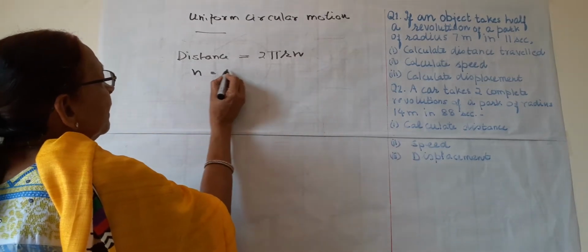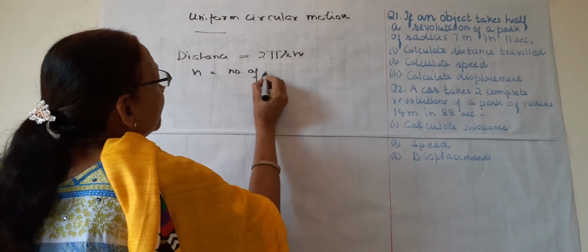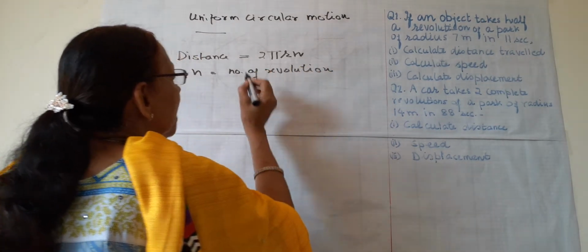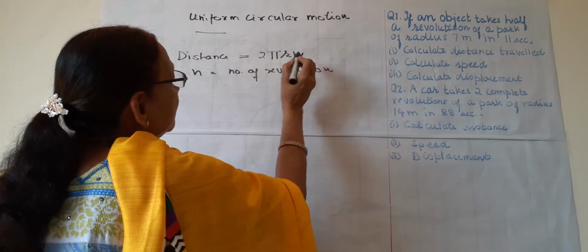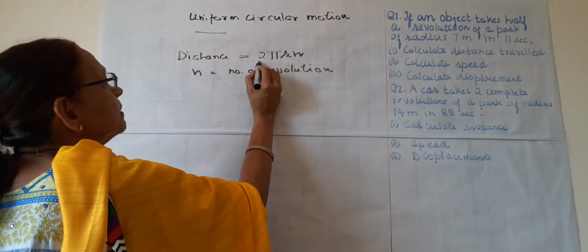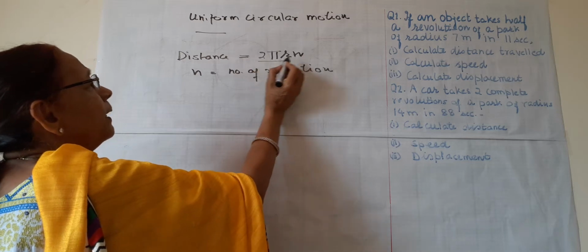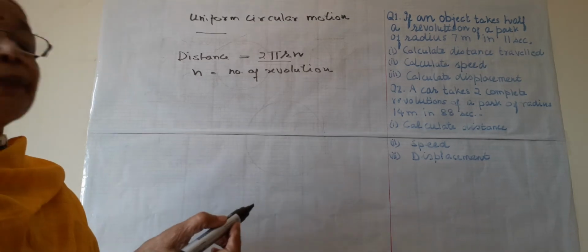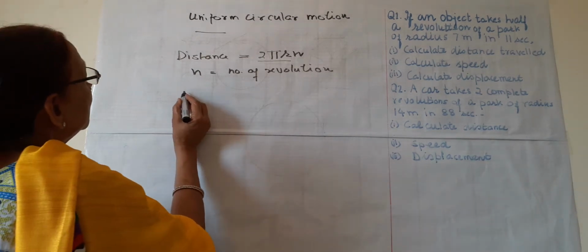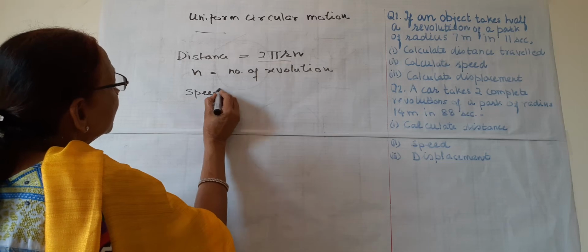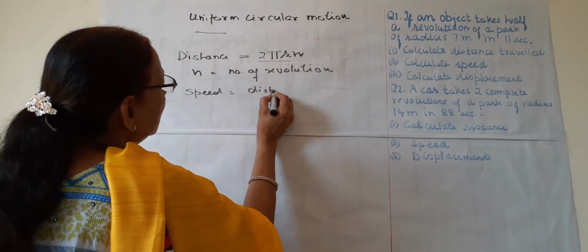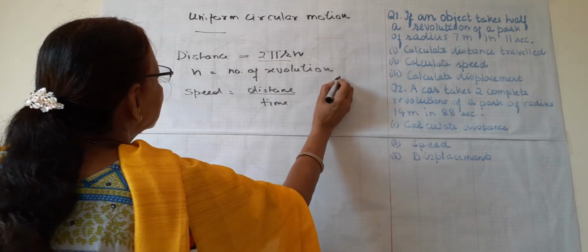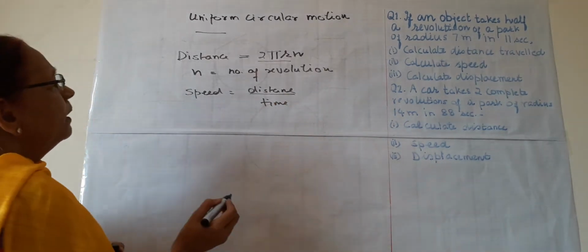What is n? n is the number of revolutions around the path. It may be half, 1, 2, 3. So 2 pi r into n will give us the distance travelled by the body. Now speed, we can calculate as distance upon time.